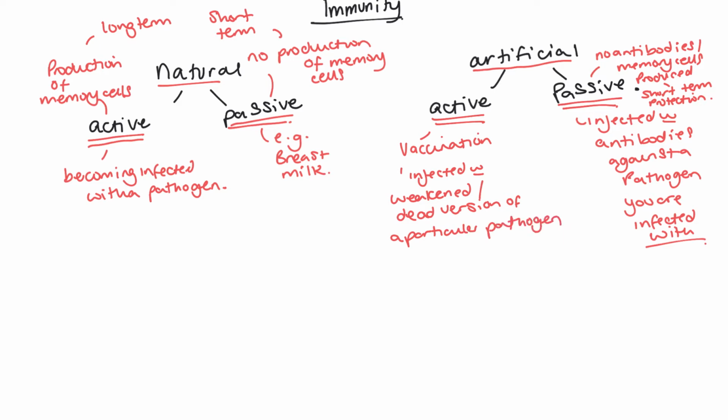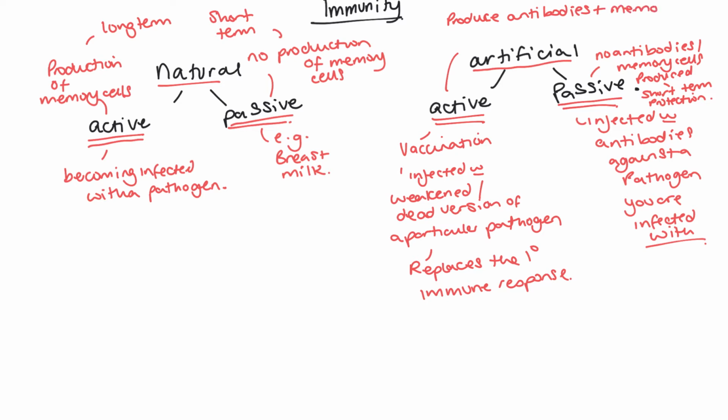But it's kind of a dummy because the pathogen isn't harmful to you because it's dead or it's not capable of reproducing inside your body. So when you have artificial active immunity, you produce the antibodies, you produce the memory cells, and it is a long-term protection. Whereas with artificial passive immunity, you're just being injected with antibodies and they will be broken down by your body quite quickly, and it will be a short-term protection.